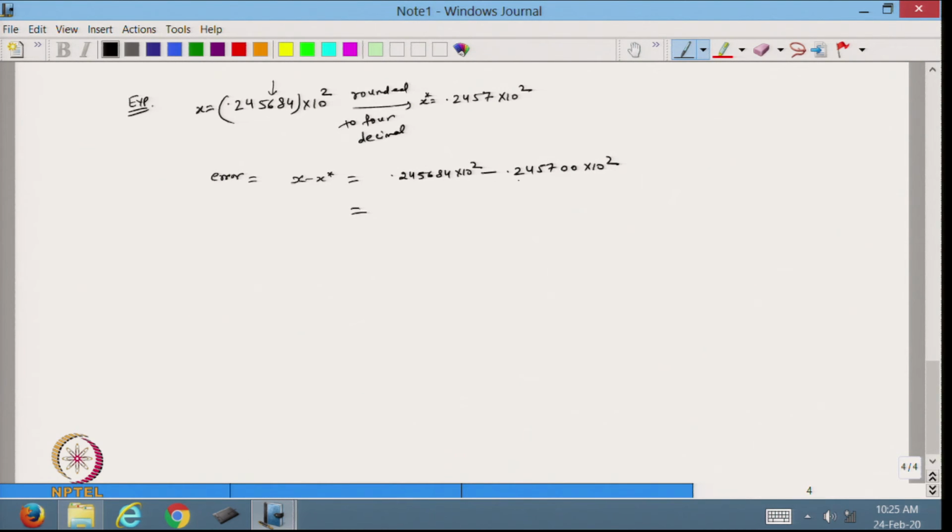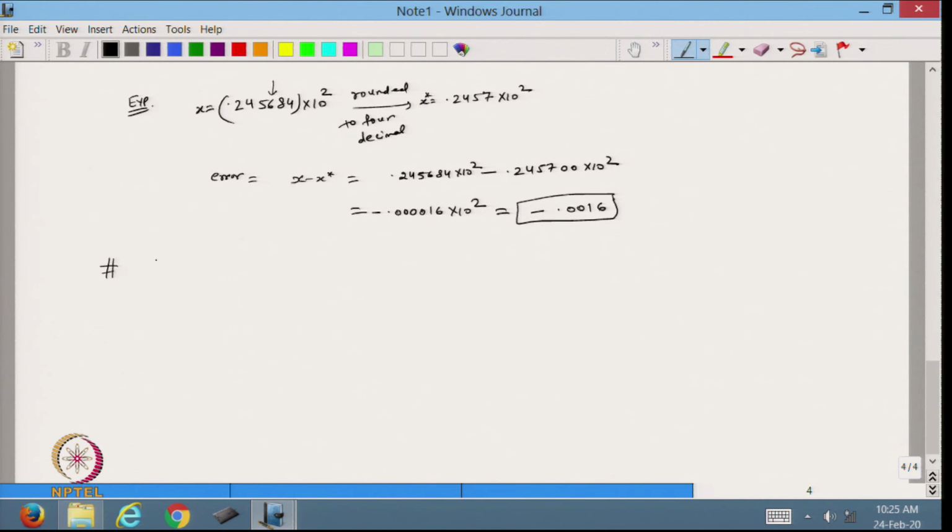The first three digits cancel, so it is 0.000 and then 16, and I put a negative sign, giving minus 0.0016. That is the error introduced in this number when we round it up to 4 decimals.